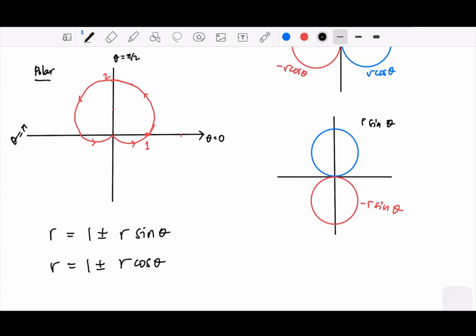The r will determine how the limaçon is. Sometimes it can have some loop, like going inside here. Or sometimes it's becoming more and more like a circle, but not quite a circle. Okay? So it can have some slight change in this part here. But later I will let you know the ratio. There is a certain ratio at which we will have a difference in the shape. Okay.